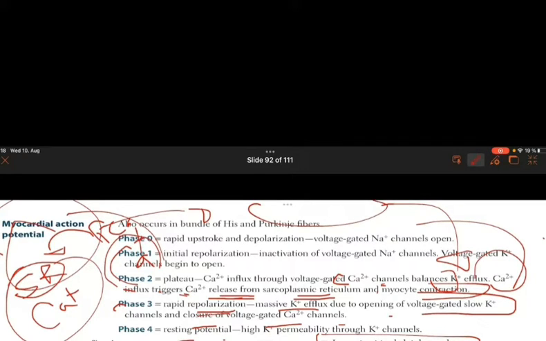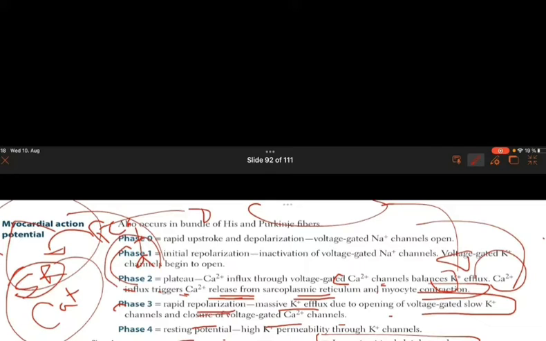Okay, and of course, you know that more calcium in the cell will increase the release of the calcium from the sarcoplasmic reticulum. Now, the cardiac nodal cells, which are the SA node and AV node, the sinoatrial node and the atrioventricular node, spontaneously depolarize during diastole, resulting in automaticity due to the funny channels.